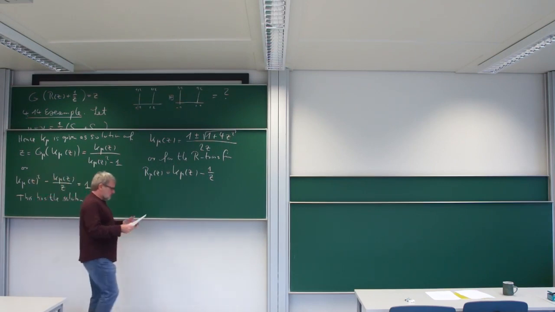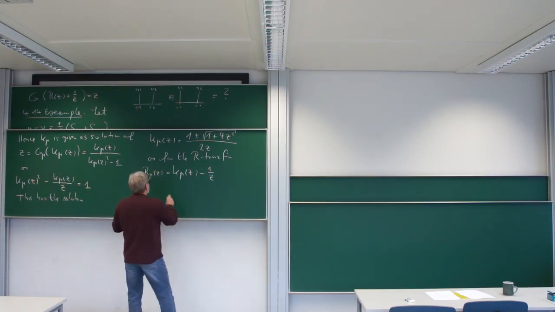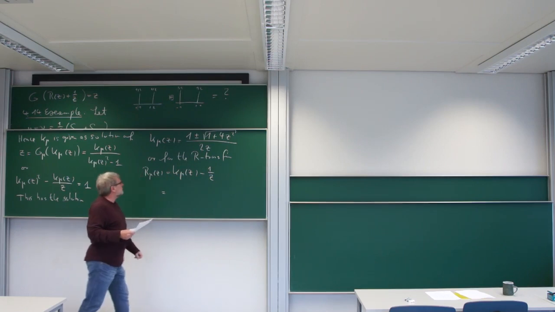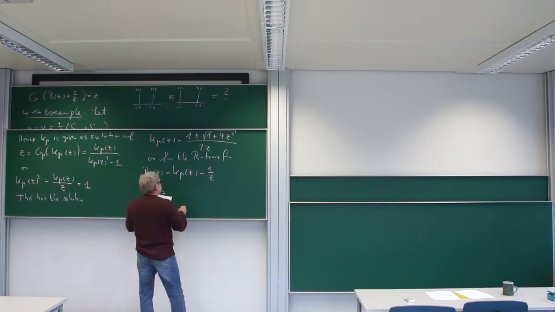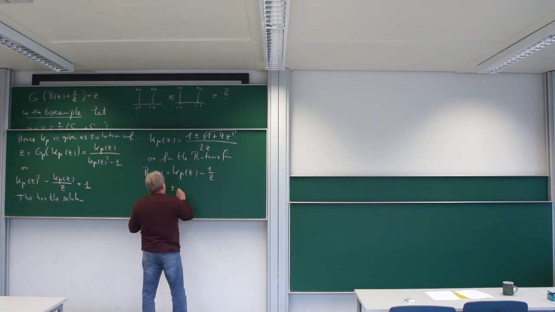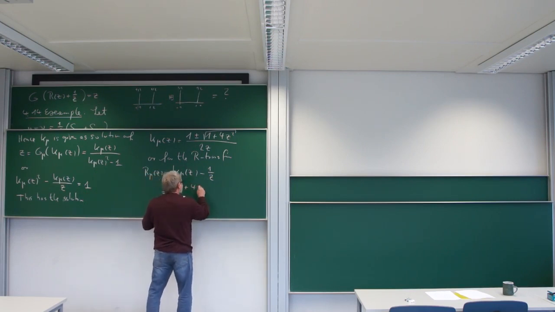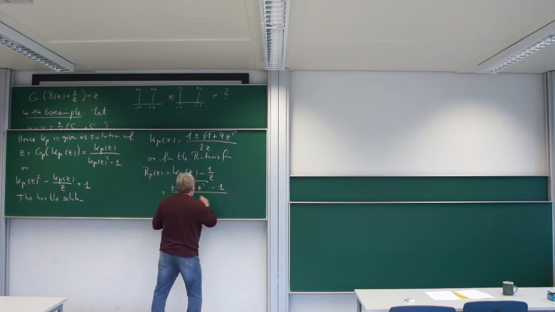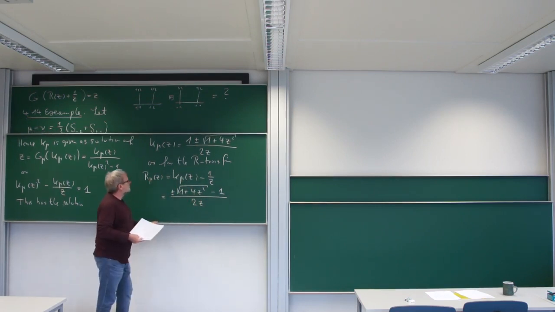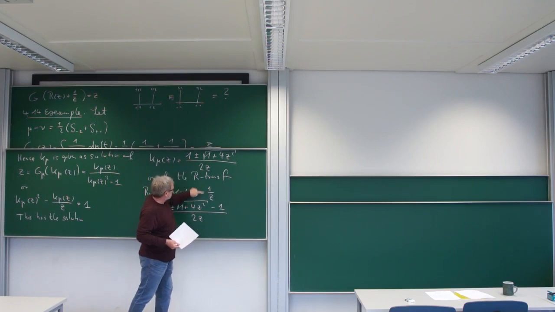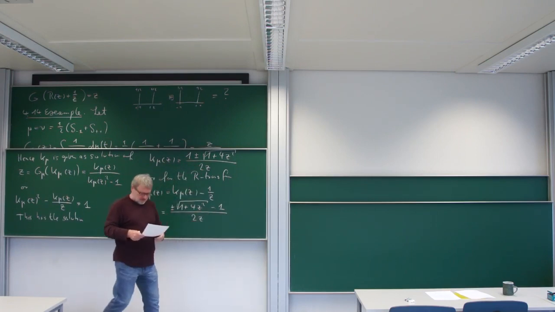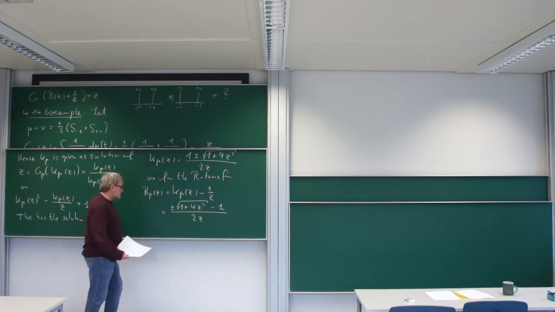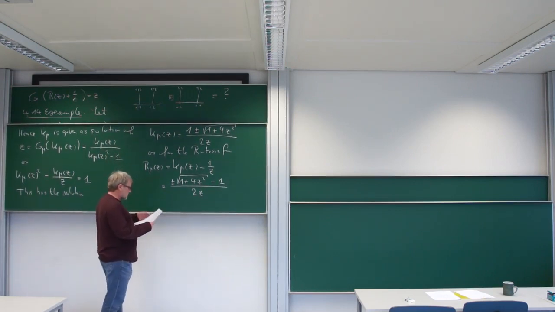We have here 1 over 2z, we are subtracting 1 over z, so we get minus 1 over 2z. So we still have this square root, we have plus minus the square root of 1 plus 4z squared, and then we have minus 1, divided by 2z. So here's just the square root, and this 1 over 2z minus 1 over z is minus 1 over 2z. Good. Okay, so we have two solutions, but only one of them has the property that at 0 it is 0.